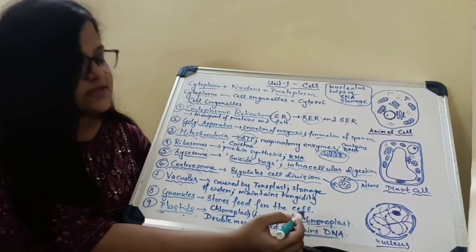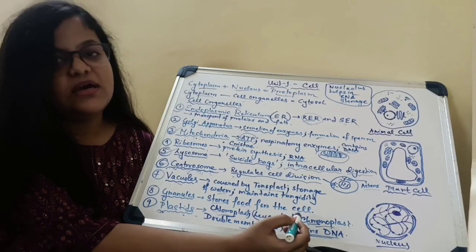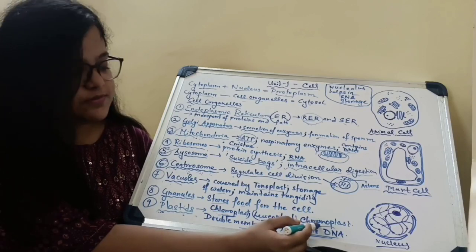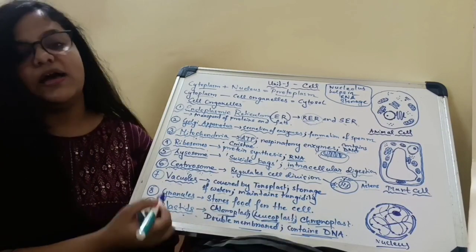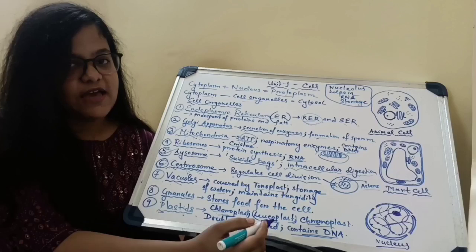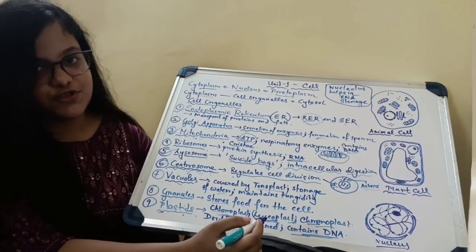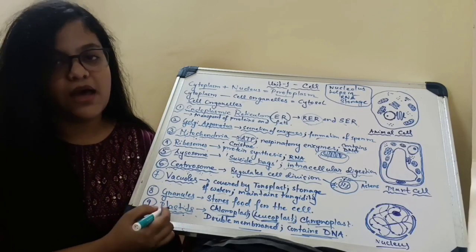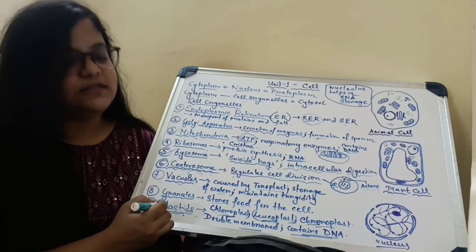Chromoplast also contains some pigments like carotene and xanthophyll, which give color to the vegetables or fruits. So you might have noticed that I was only discussing vegetables and fruits because plastid is only present in plant cell and not in the animal cell.